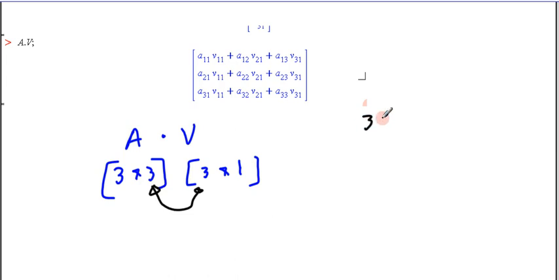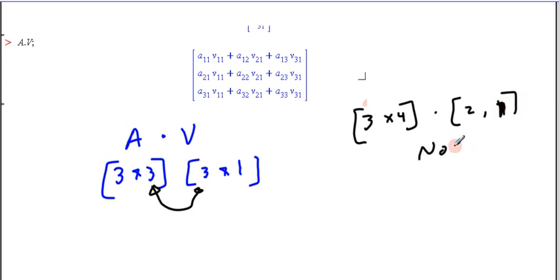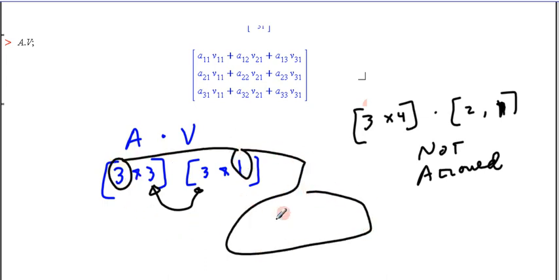So if I have a 3 by 4 matrix and I want to multiply it by a 2 by 1 matrix, that is not allowed. Not allowed. So it can only be done if the columns of the first matrix are equal to the rows of the second one. When I get done, I end up with a matrix that is 3 by 1.